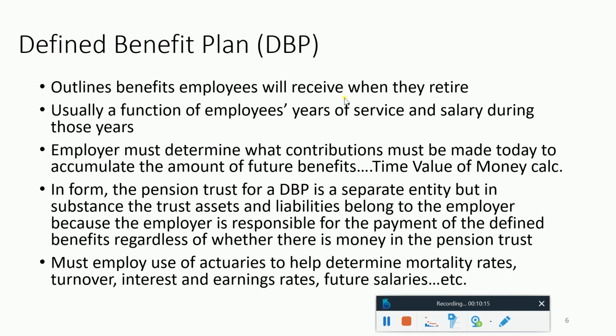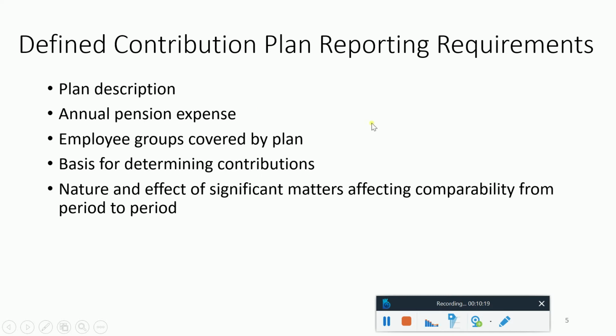The other thing I want to just point out is when it says employee groups covered by the plan, it is not uncommon for a company to have multiple contribution plans for different types of employees. So they may have different plans because of different requirements in certain states. So there might be a certain plan set up just for the employees of a certain state.